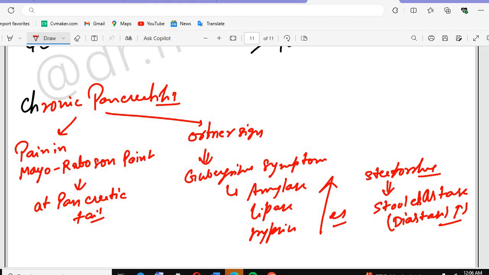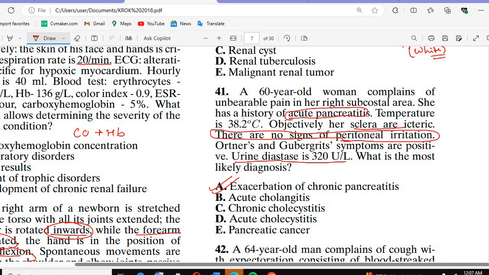So in chronic pancreatitis there is pain at the Mayo-Robson point at the pancreatic tail, the Ortner sign would be there, along with the Grott symptoms like amylase, lipase, trypsin, and stool elastase. All these enzymes would be increased in chronic pancreatitis. As in the question they have given the Ortner's and Grott symptoms as positive and urine diastase is increased, what is the most likely diagnosis? This is the exacerbation of chronic pancreatitis.